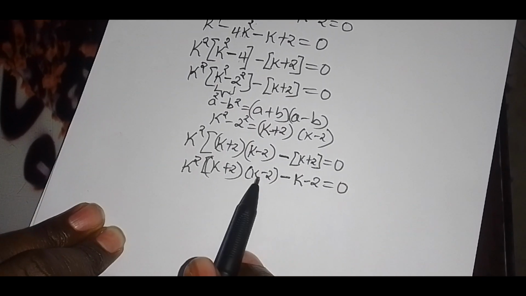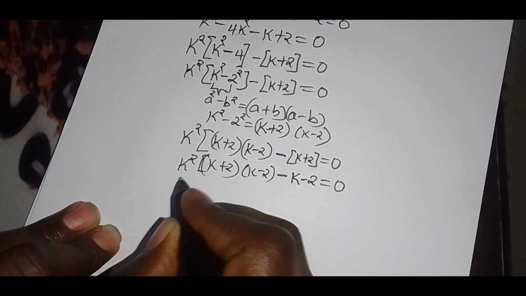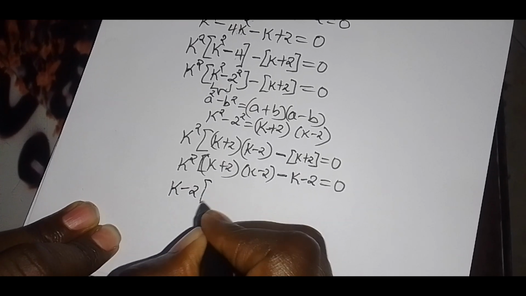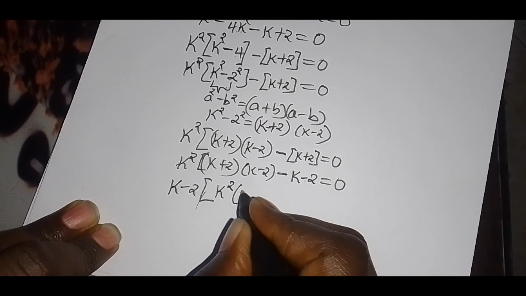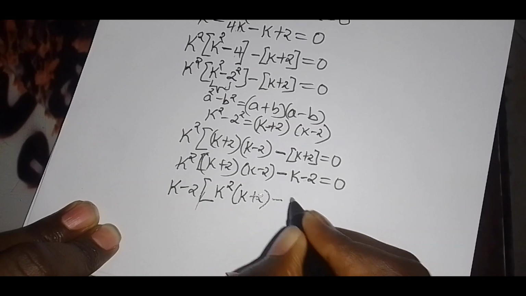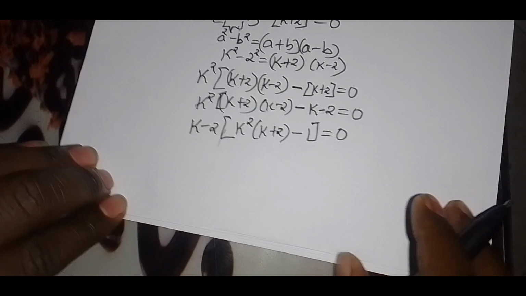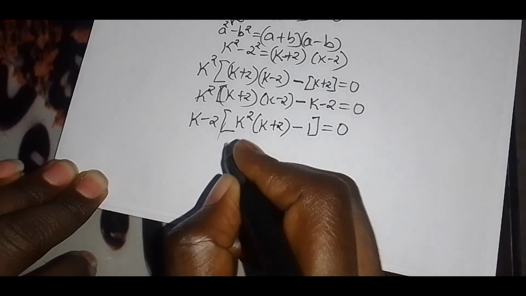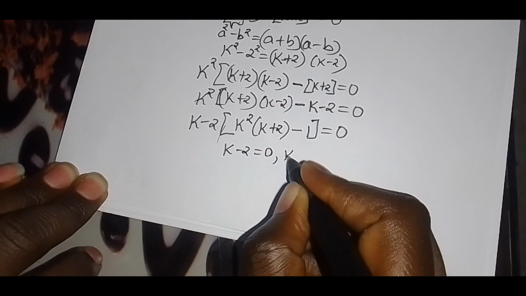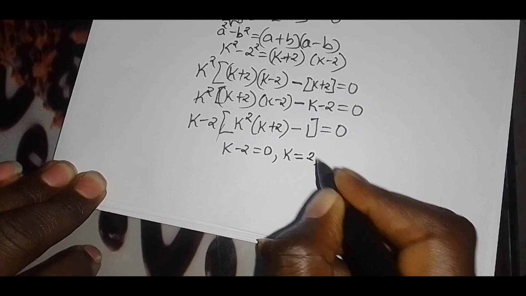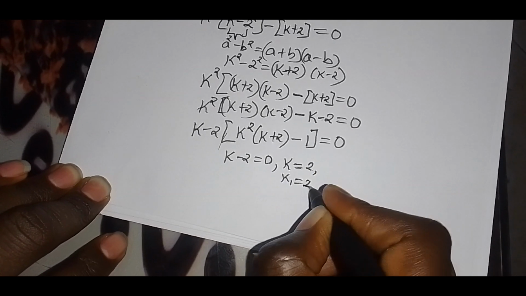So (k plus 2) is common, remember this is common, we can factor out (k plus 2), so that we will have (k plus 2) multiplied by (k squared times (k minus 2) minus 1) equal to 0. So as you can see, the first value of k: k minus 2 equal to 0, so that means the first value of k is equal to 2. That is the first value of k, that is k1 is equal to 2.